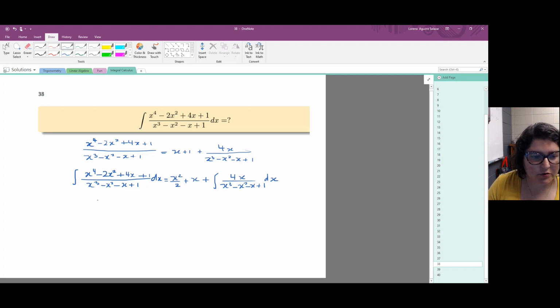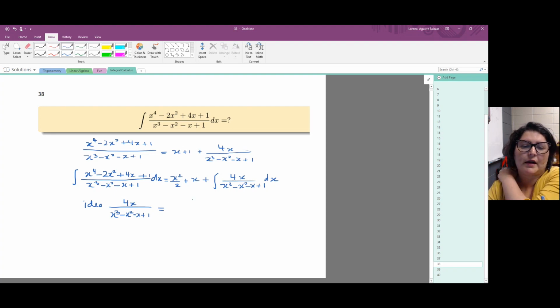Now, when we work with partial fractions, the idea is to write a quotient of a polynomial of degree less than the degree of the polynomial on the bottom, x cubed minus x squared minus x plus 1 in this case, as an addition of fractions.